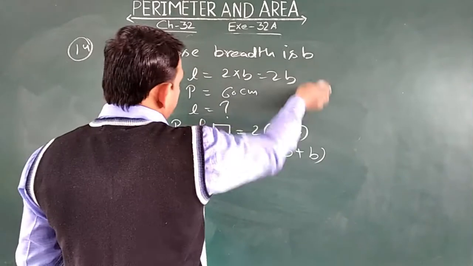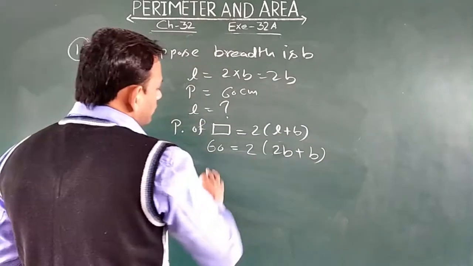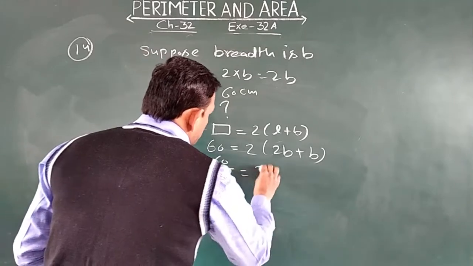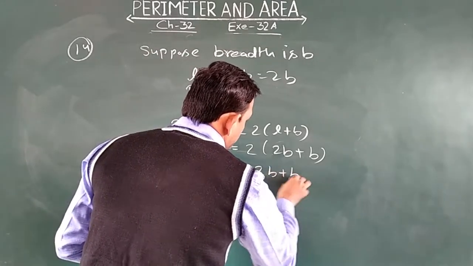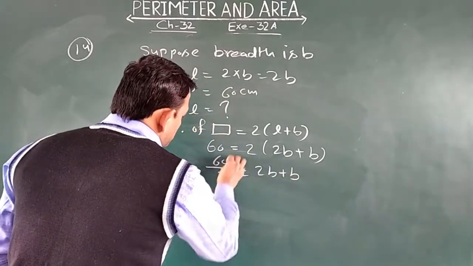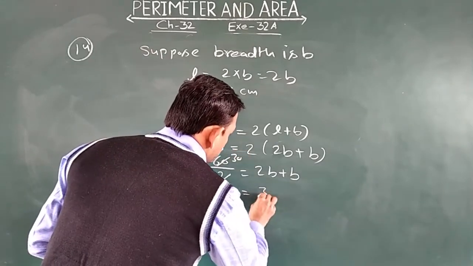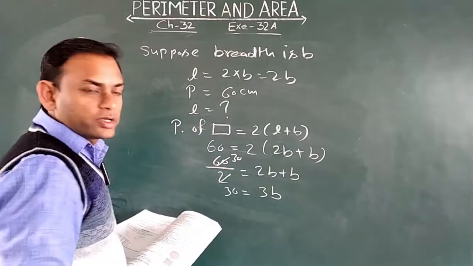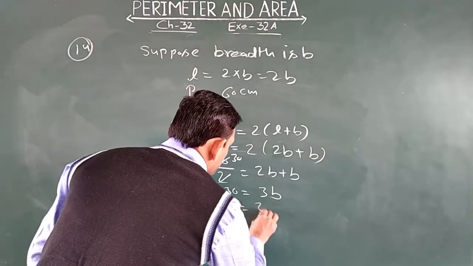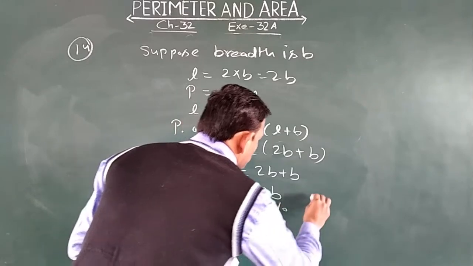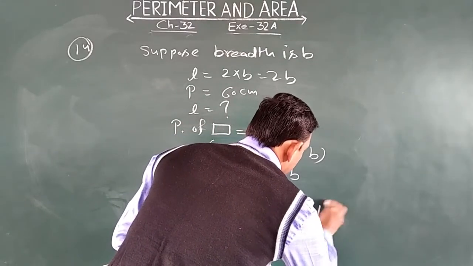So from here it will be 60 upon 2 is equal to 2B plus B, and it will be 30. So 30 is equal to 3B. So B is equal to 30 upon 3, and 3 tens are 30. So B is equal to 10.